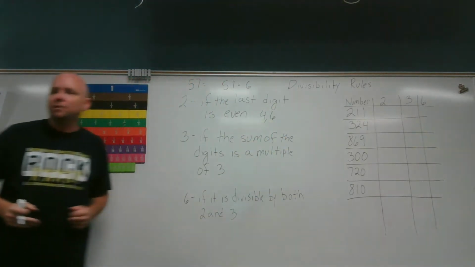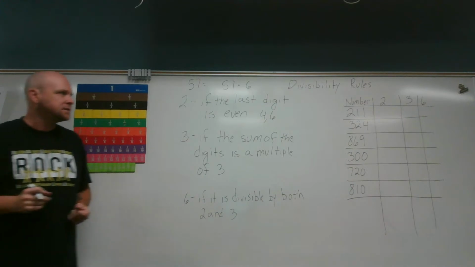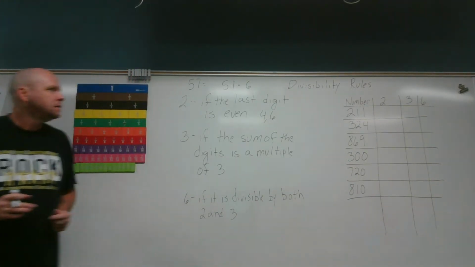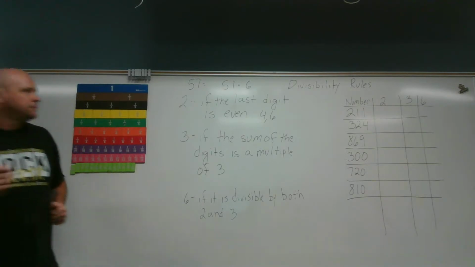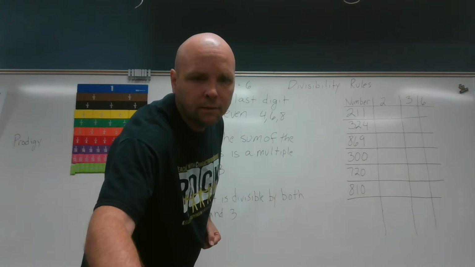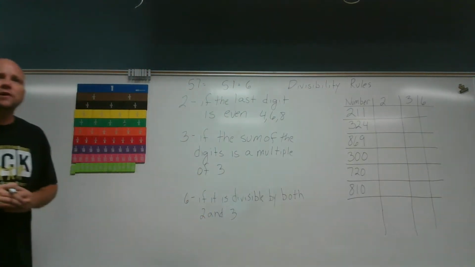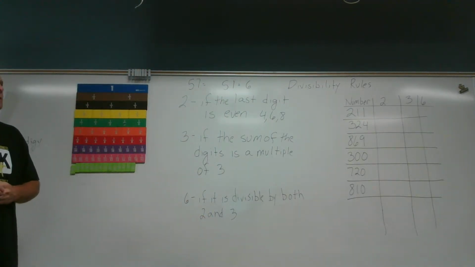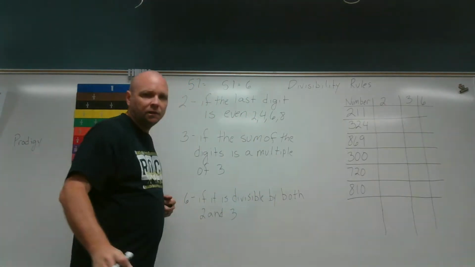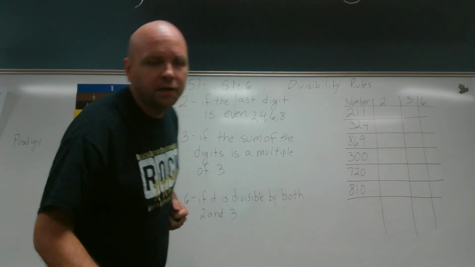So if the last digit is a 4 or a 6, you'll give your camp point when we're done. Sahana, 8. You'll give yourself a camp point when we're done. Kane, another even number. We have 4, 6, 8. 2. You'll give yourself a camp point when we're done.